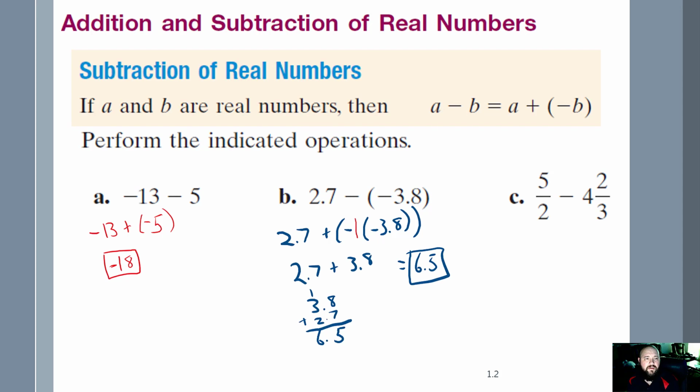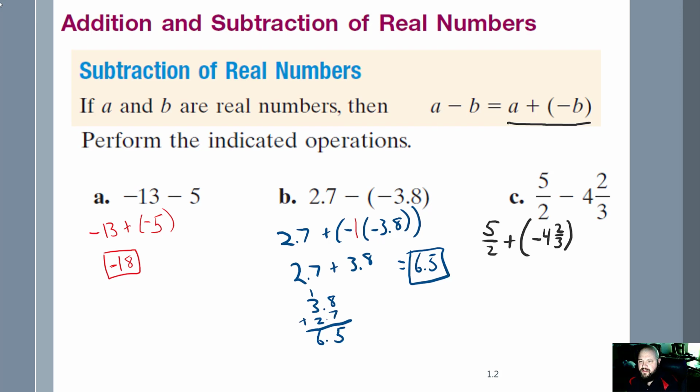Alright guys, looks like we got one more problem here to knock out. Let's get this taken care of. So again, a lovely fraction. So again, this one could be 5 over 2. And then if we follow the same operation we have up here, dealing with A plus a negative B, we can simply remove a negative, say plus, then we can simply say negative 4 2/3.